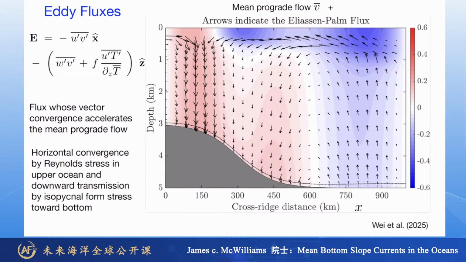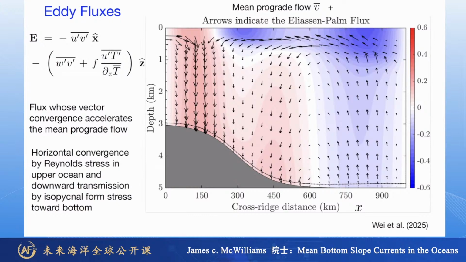The interpretation of the Eliassen-Palm flux is that it is a vector whose convergence in this XZ plane accelerates the mean prograde flow. And so what you see is that in the upper ocean, where the eddies are strongest, there is the Reynolds stress convergence that is the topostrophic forcing.